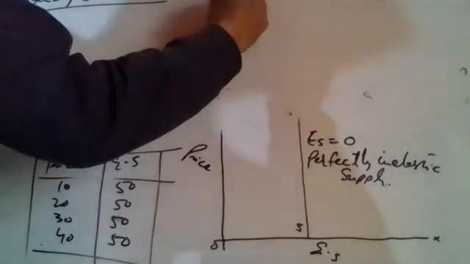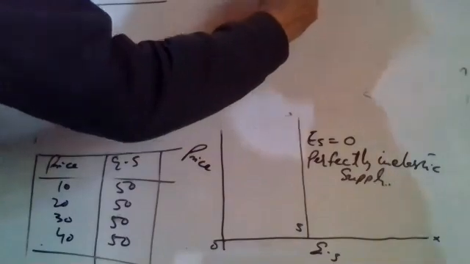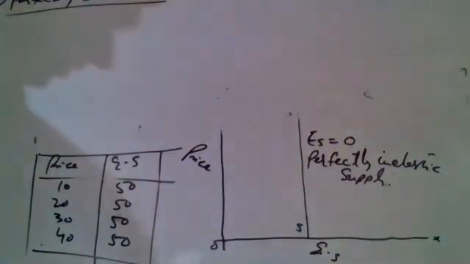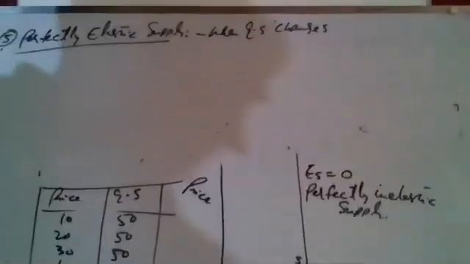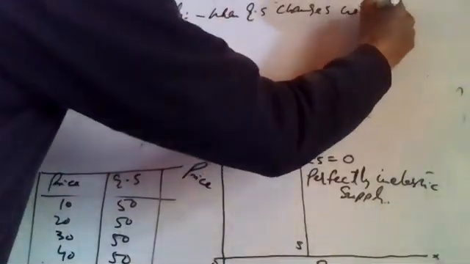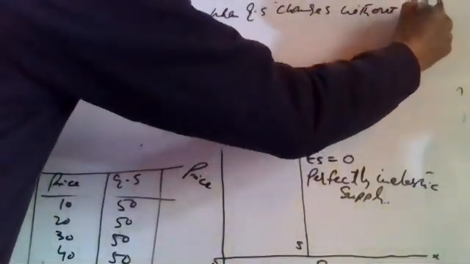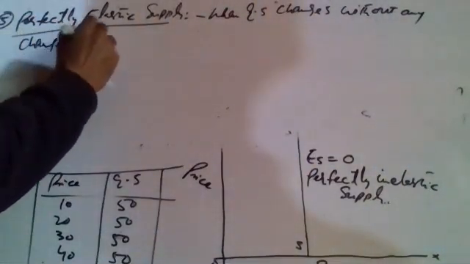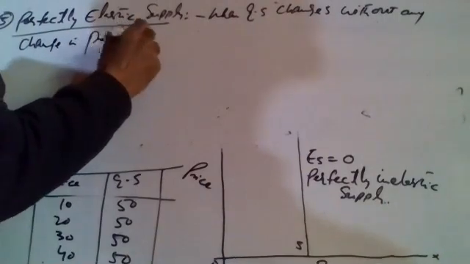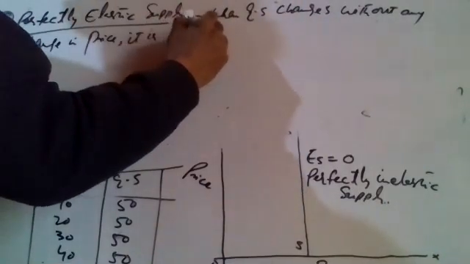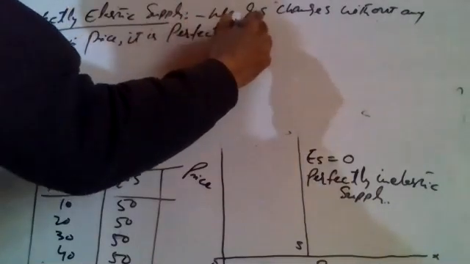When quantity supplied changes without any change in price, it is perfectly elastic supply.